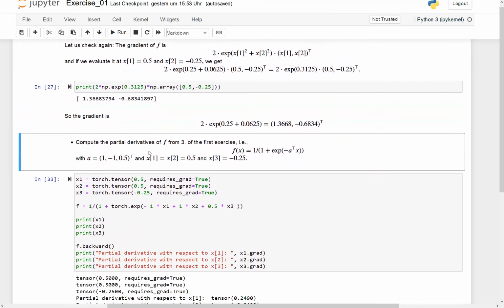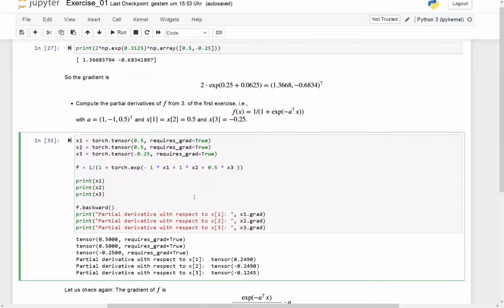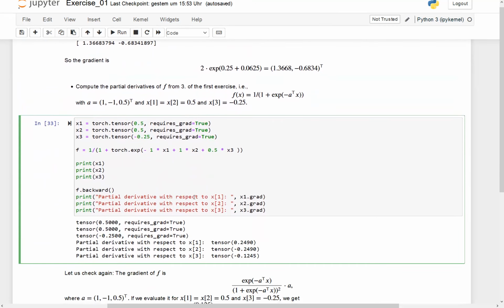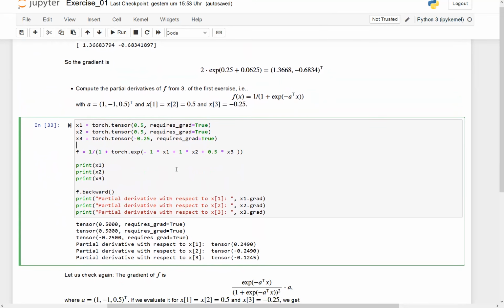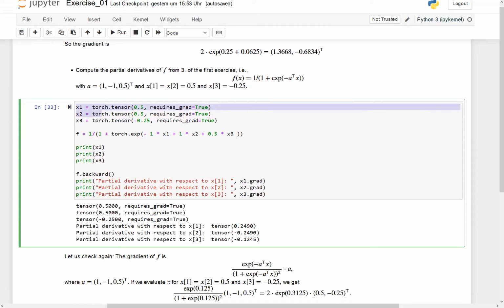I don't go into the details for the sake of time. The third one is perhaps also quite interesting, with the sigmoid. You have two ways to do this. The first one is that for each of the components, you create a tensor object for the first component of x, for the second, and for the third.